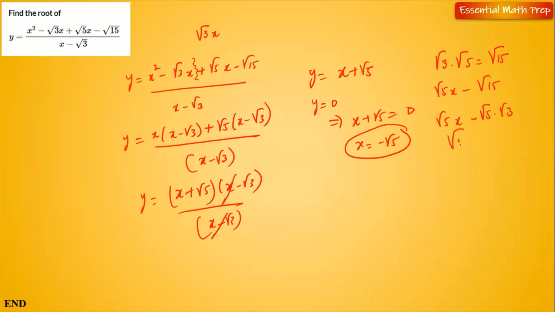So that's why you can take root 5 out of the bracket, which leaves you with x minus root 3. So this is the logic that was used in making that simplification, and this is how you do this problem. So I think we've exhausted the concept of algebraic fractions at this point.